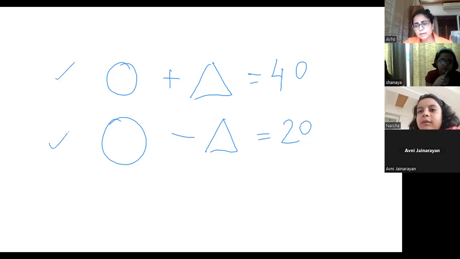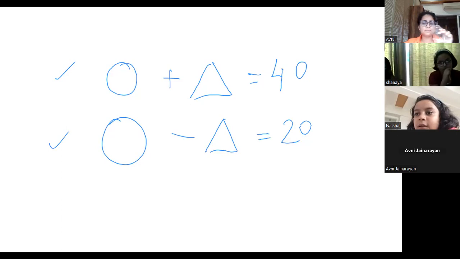How many equations are there, Naisha? 2. Yes. So definitely we can solve this because we have 2 equations and 2 unknowns. But if we had 3 unknowns, 3 objects and 2 equations, we would not be able to solve. Okay? Naisha, do you think you can tell me the value of the circle and triangle here?